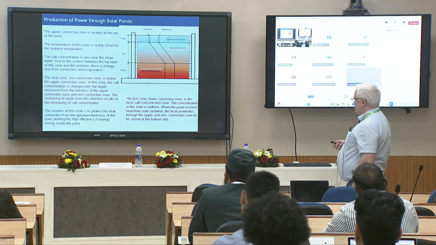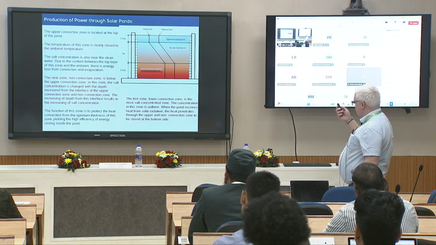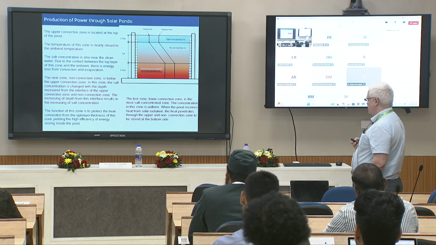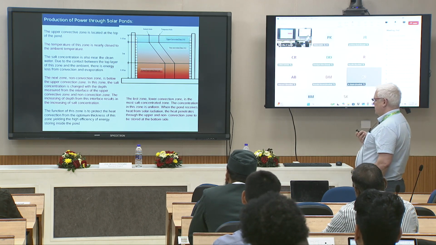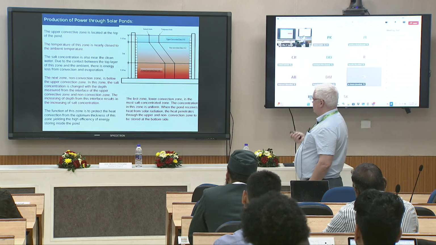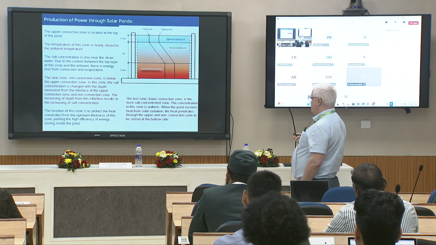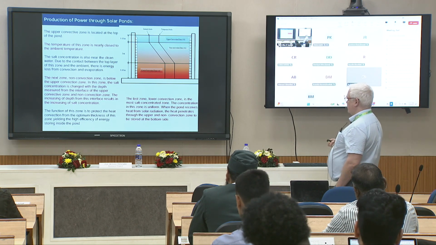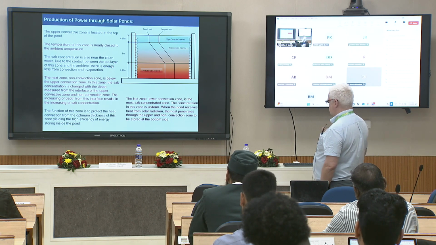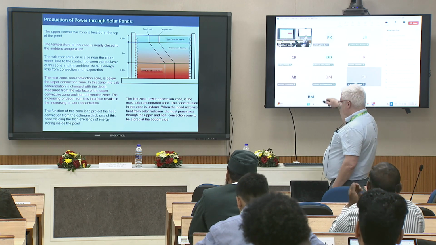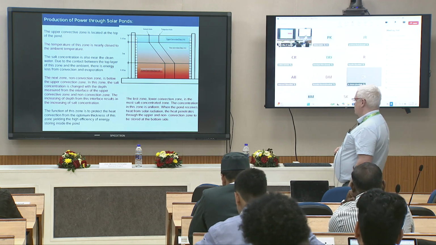The temperature at the top is nearly the ambient temperature. The salt concentration is also near that of clean, fresh water. Due to the contact between the top layer of this zone and the ambient, there is energy loss from convection and evaporation, so it seems obvious. The next zone, in the middle, is the non-convection zone.